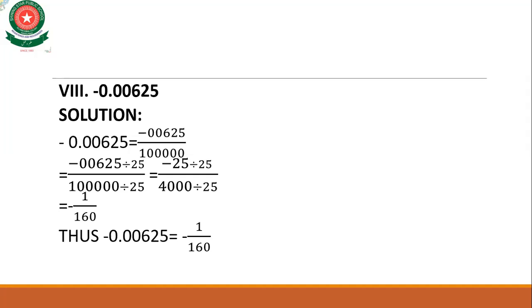Okay. So minus 625 over 1 lakh. Now we have to divide 625 and 1 lakh by 25. When we divide, we get minus 25 over 4,000. Now again we are going to divide it.